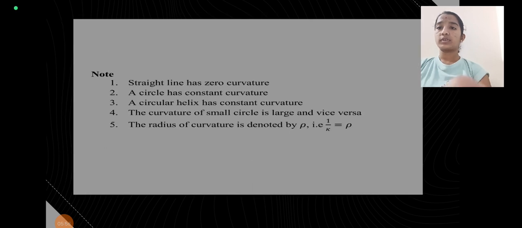Note: a straight line has zero curvature. A circle has constant curvature. A circular helix has constant curvature. The curvature of a small circle is large and vice versa. The radius of curvature is denoted by rho, that is 1 by k is equal to rho.